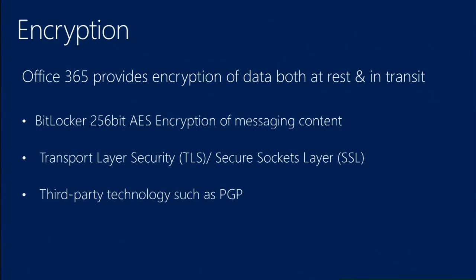So there are additional layers of encryption that you can apply on top of the physical. But what we're really getting at here is that the disks that are sitting in the data centers are encrypted for all of the Exchange content, so that is not accessible. And then, of course, anything in transit.